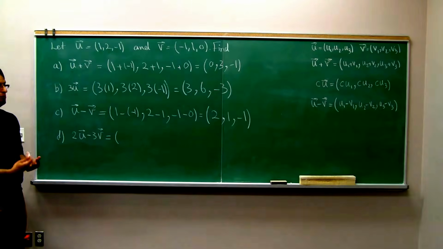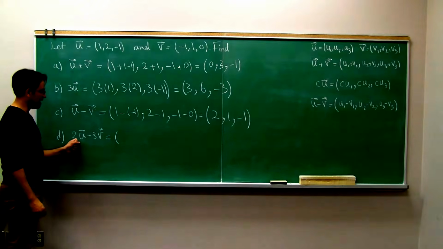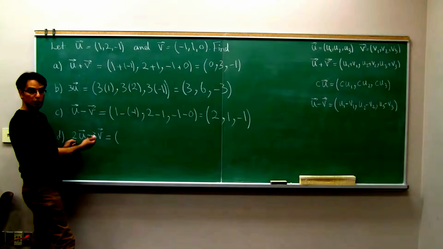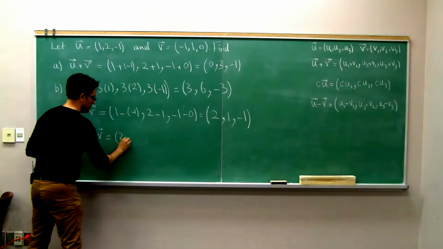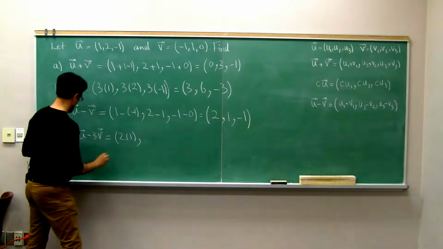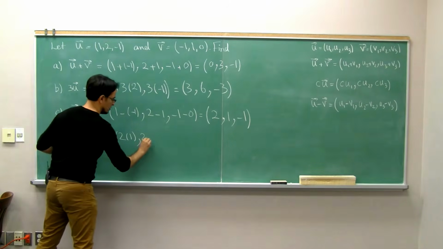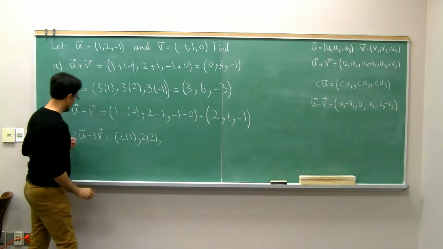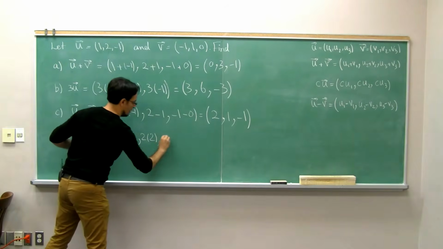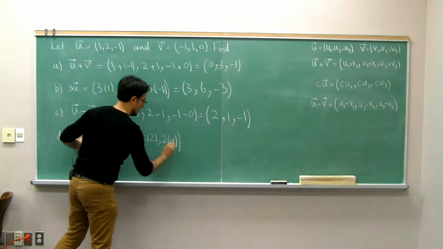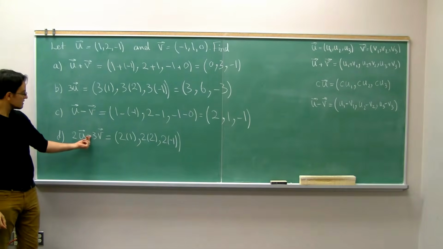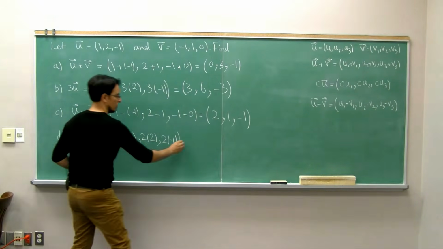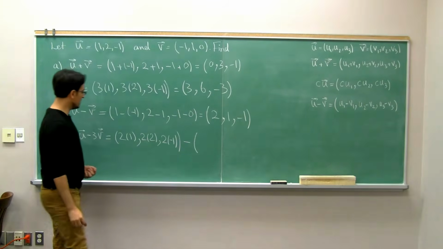We do it component-wise. In this case, I have 2 multiplied by each component of u. So 2 times 1, 2 times 2, and 2 times negative 1. That's my vector 2u.